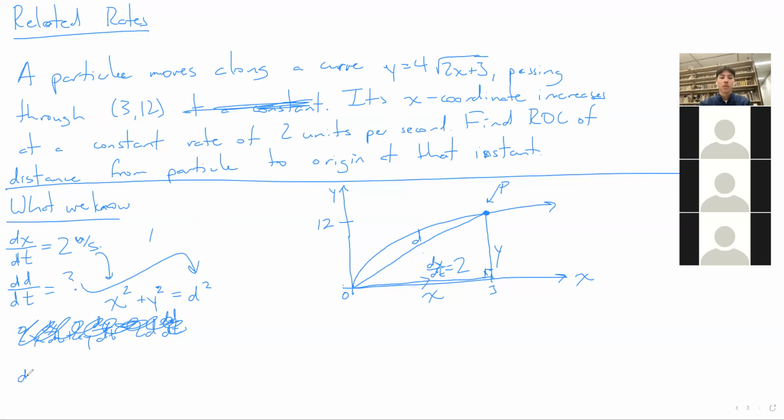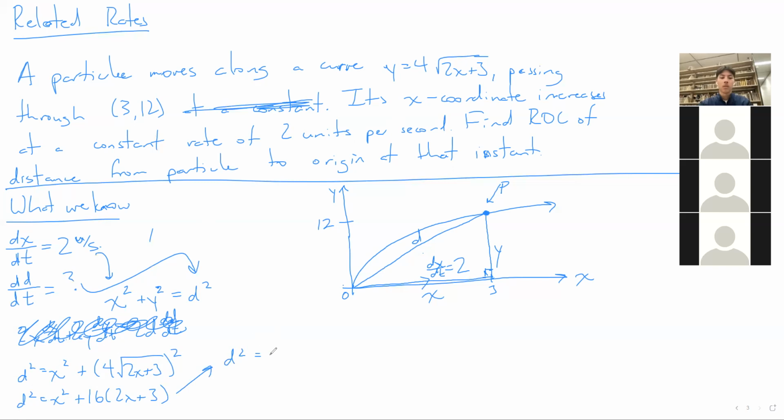So what I'm going to do is this: d squared equals x squared plus, would you agree this is all y? Yes. So then I get d squared equals x squared plus 16 times 2x plus 3.